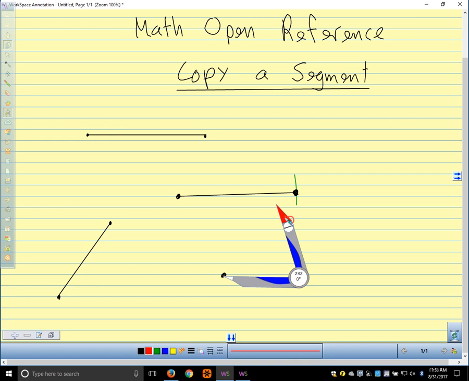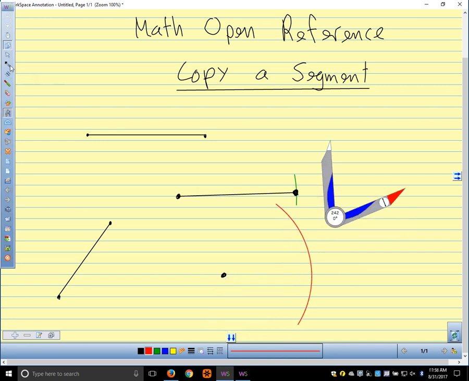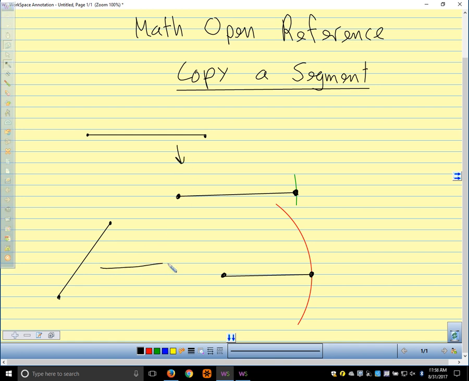And now I can draw an arc, and I can connect with my straight edge the point that I drew to anywhere on that arc, and I'm going to have a congruent segment to the one that I was copying. So I copied that one there, copied that one over there. So that's our first basic construction. Copy a segment, or construct a congruent segment.